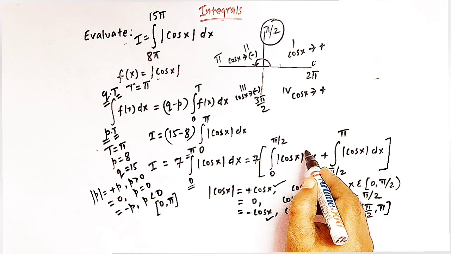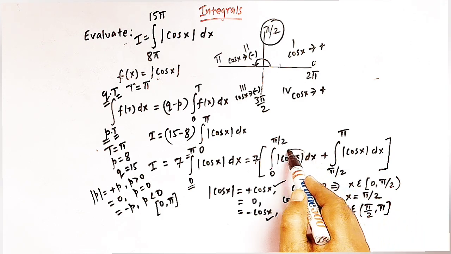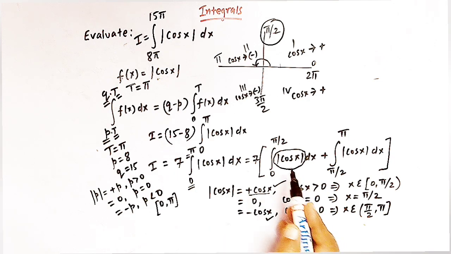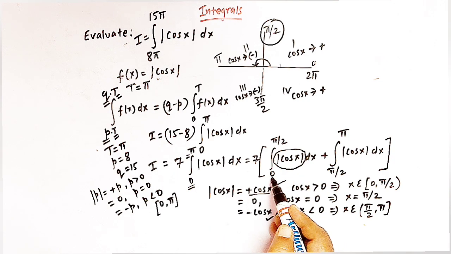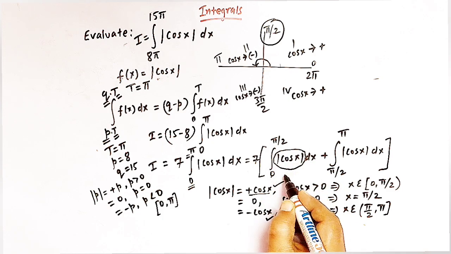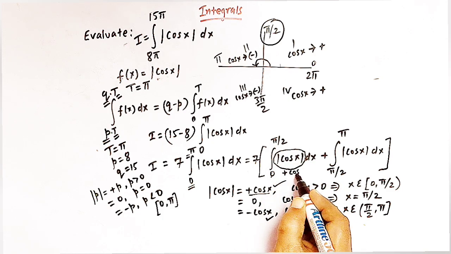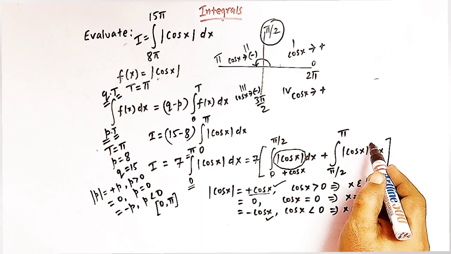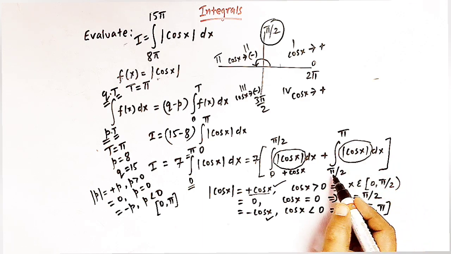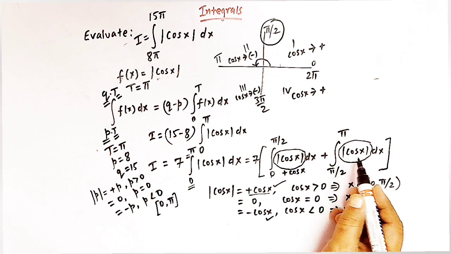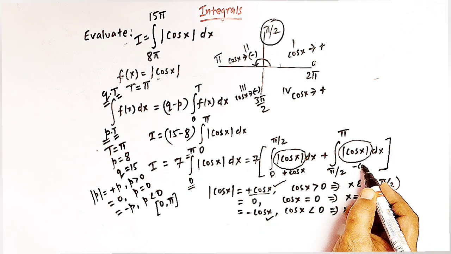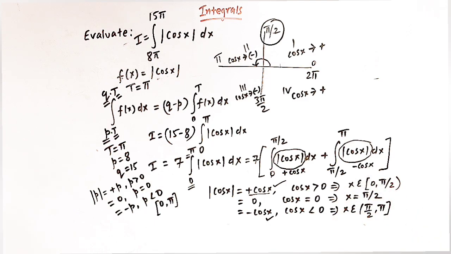So let us here replace mod of cos x by positive cos x when x varies from 0 to pi by 2. And when x varies from pi by 2 to pi, mod of cos x should be replaced by negative cos of x.